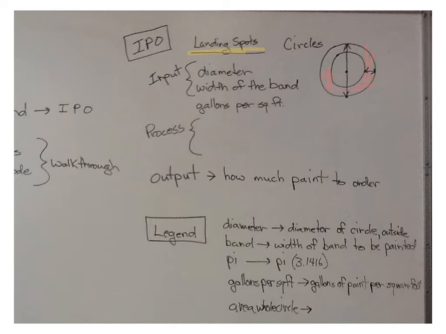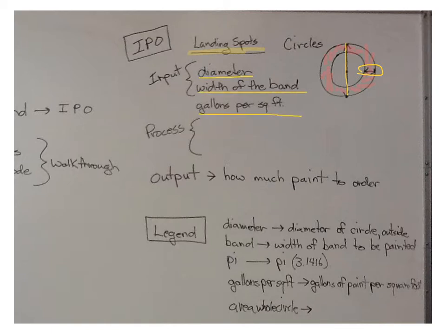Okay. And we're going to create this border here. Okay. So we're going to have how wide it is, the border, and how big the circle is. Okay. So we have the diameter, the width of the band.